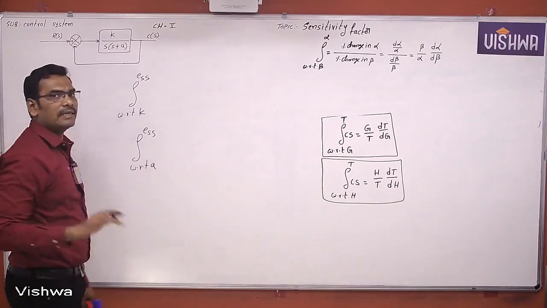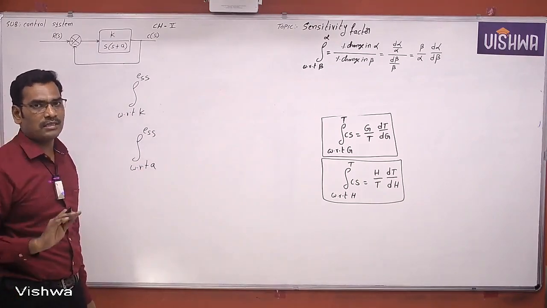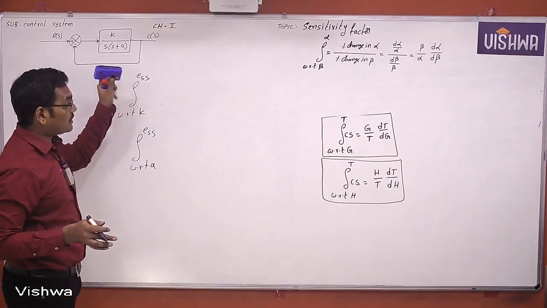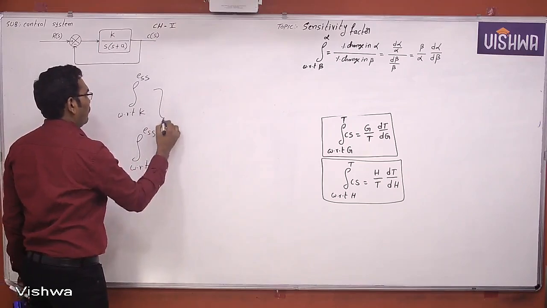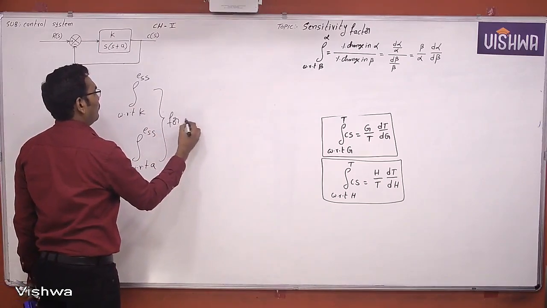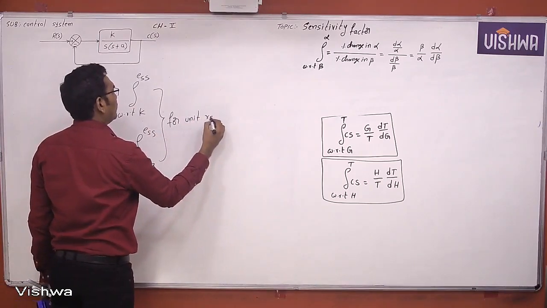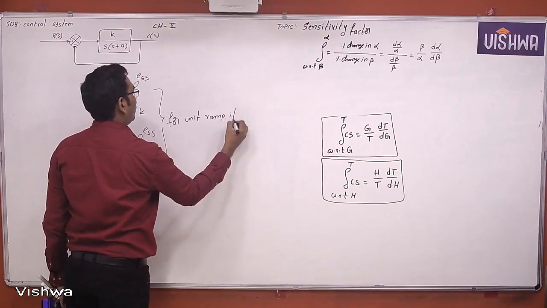So you understand, he is not asking the sensitivity of a control system. He is asking the sensitivity of steady state error with respect to k and with respect to a for a unit ramp input. This is the question.